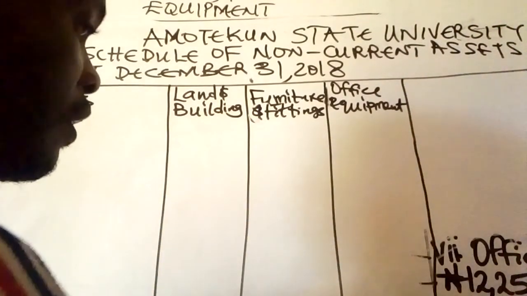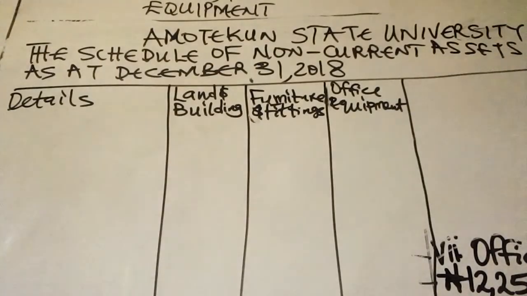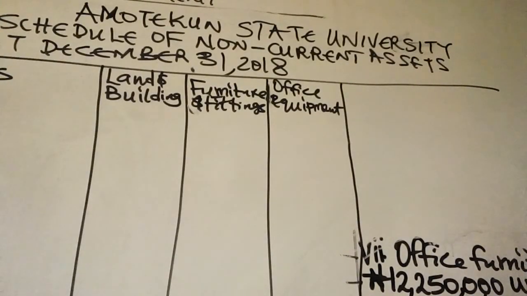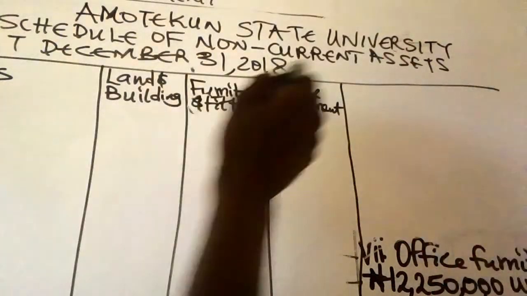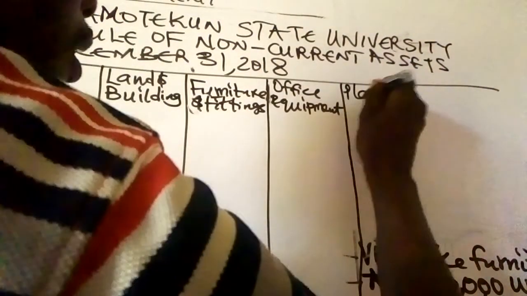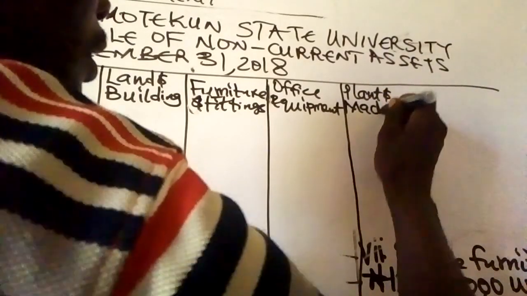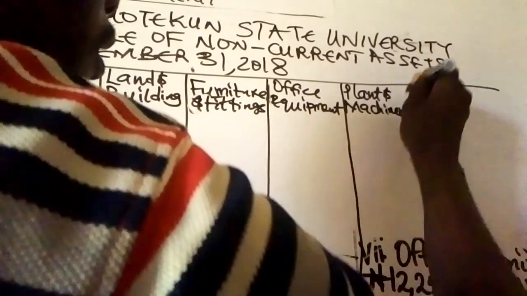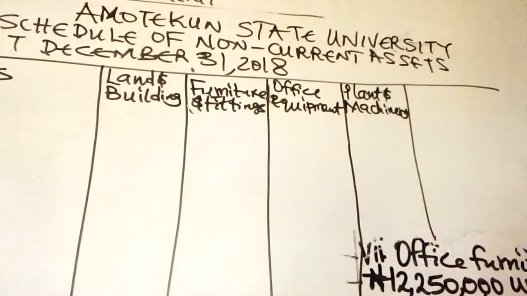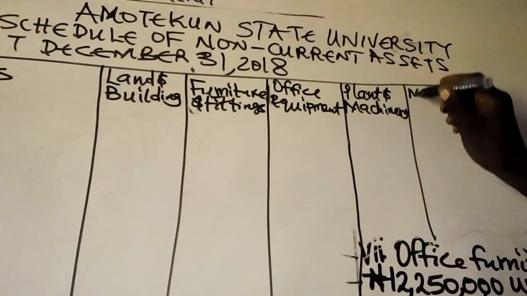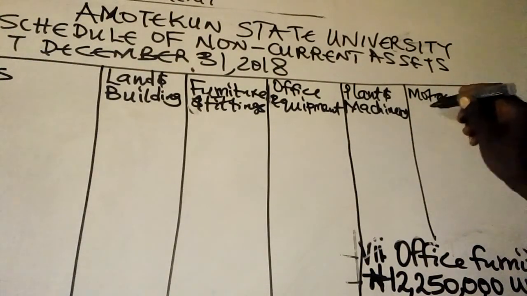Then we have the fourth one, plant and machinery. Then we also have the fifth one, motor vehicles.